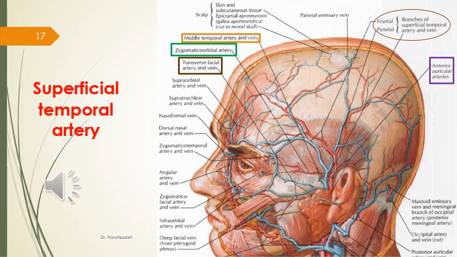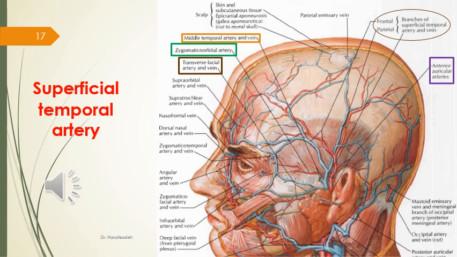Here we can see the branches of the superficial temporal artery with different colors. This artery is one of the two terminal branches of the external carotid. First, it gives the transverse facial artery. This artery runs laterally from the external carotid path between the parotid duct and zygomatic arch and supplies the face.